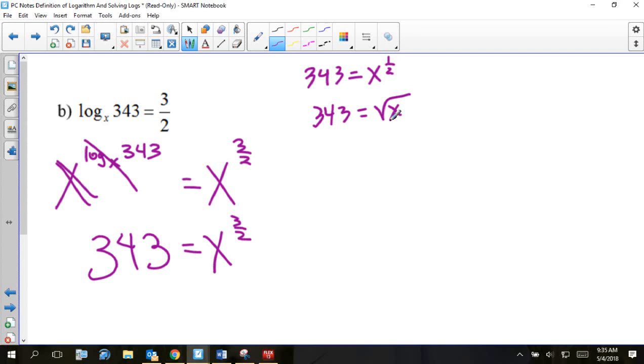Because 1/2 is the same thing as square root, so I would square both sides. If I had cubes, I would cube root both sides. We can do both of those at the same time. I'm going to raise both sides to a power of 2/3, so I'm squaring and cube rooting at the same time.